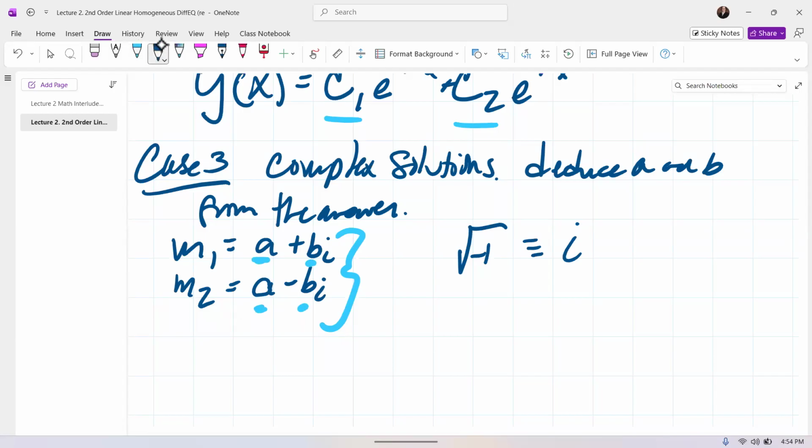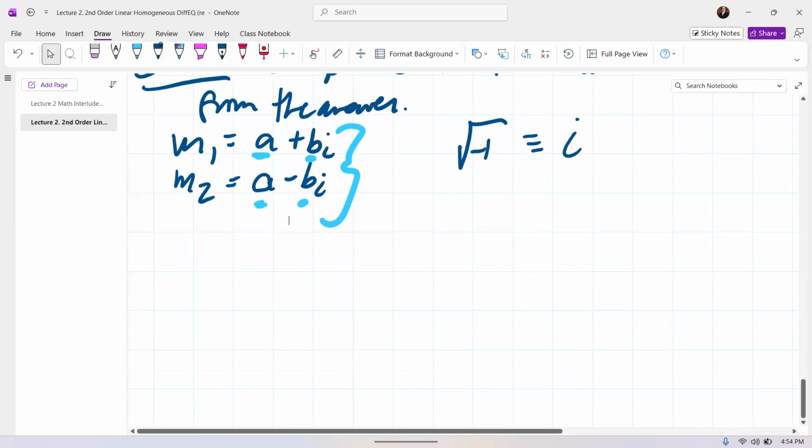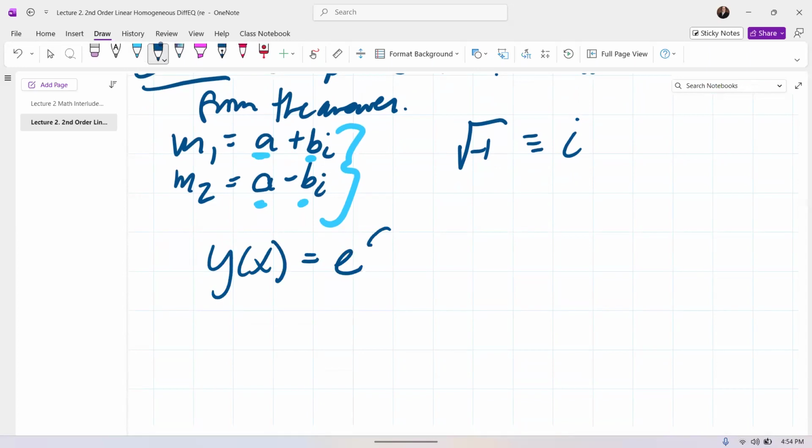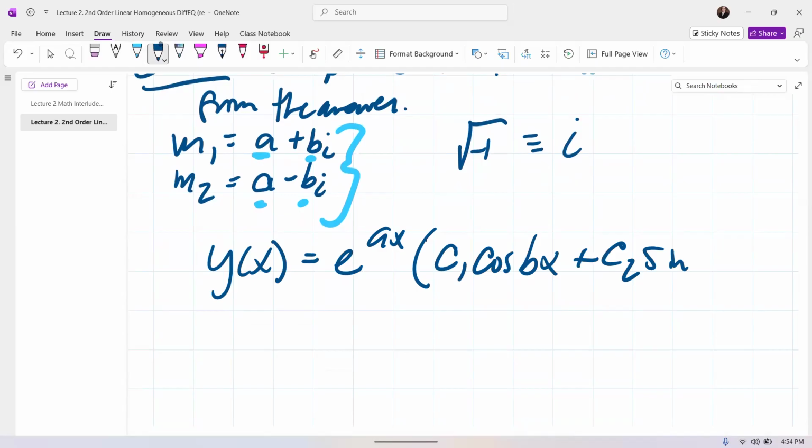Then you will substitute into this equation here. So you'll have y of x equals e to the ax times c1 cosine bx plus c2 sine bx. We'll substitute your a and b's in here. Let's mark where they are.